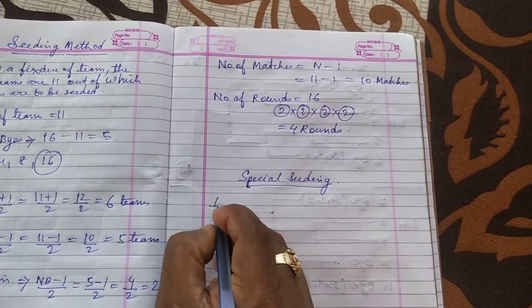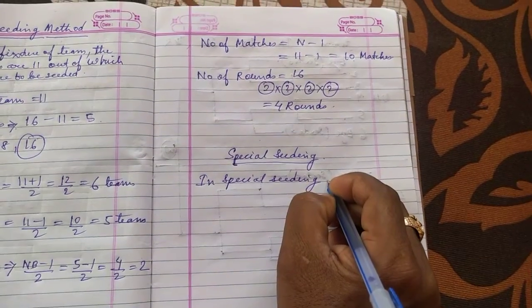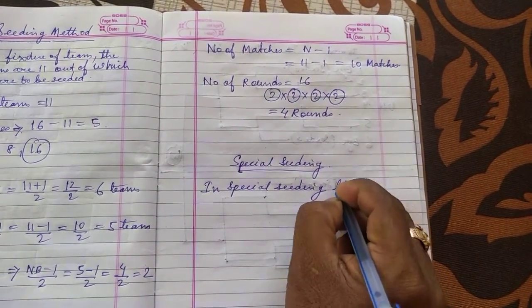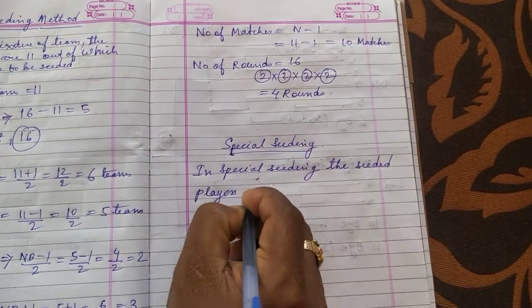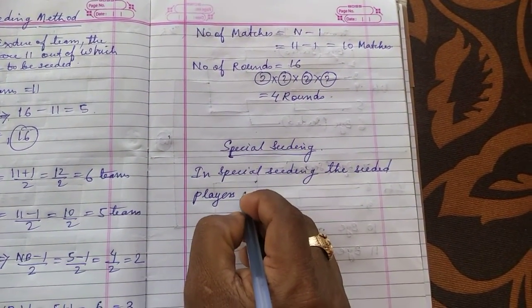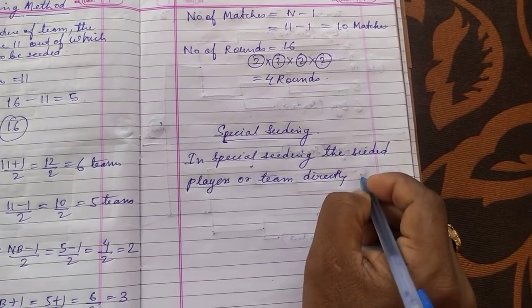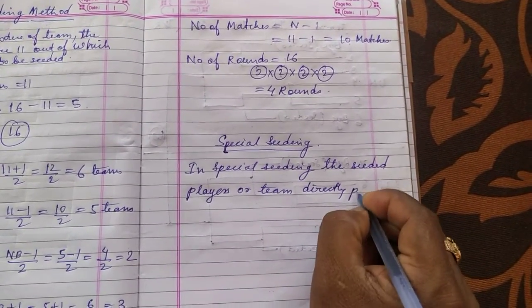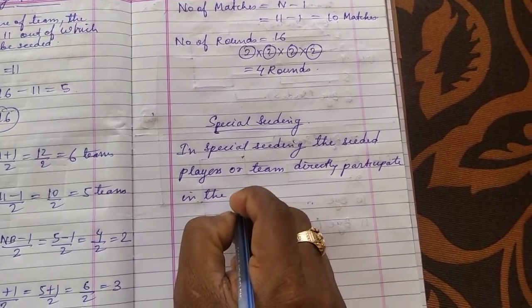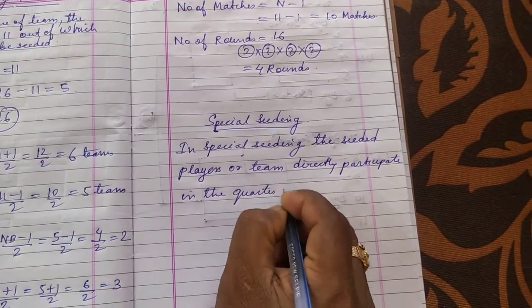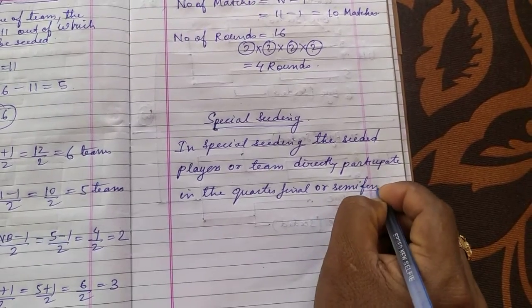In special seeding, the seeded players or teams directly participate in the quarter final or semi final.